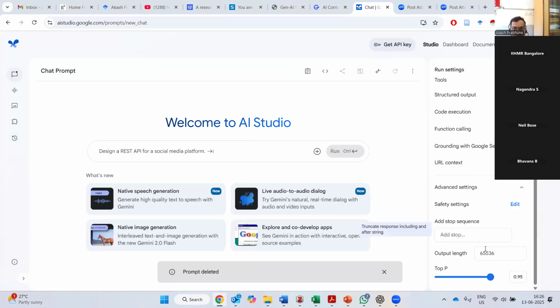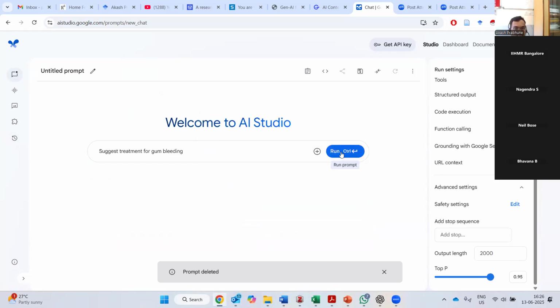Really, I do not want the output to be so high. I will restrict it to 2000. 20,000. Okay, let me try this.